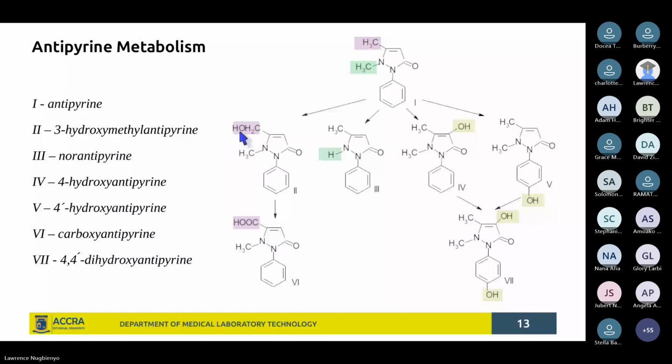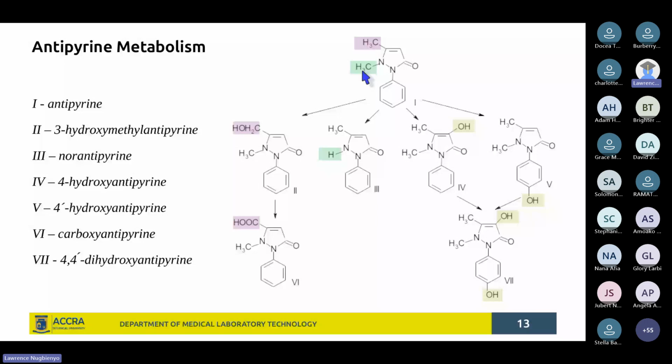Now see the second arrow here, and you see the CH3, which is on N2, shaded green. You see it's changed, and you now have just a hydrogen there. So that reaction, that second arrow there, is dealkylation. You can say it is N-dealkylation because you are having a removal of an alkyl group.